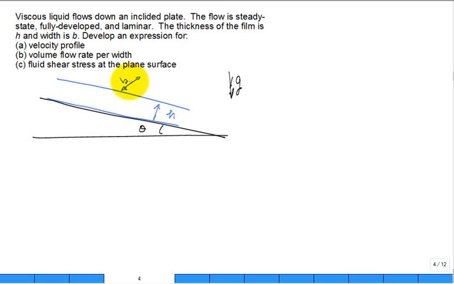What are they asking for part A? Velocity profile. Well, what's the velocity look like? At the plate down here, what is the speed of the fluid from the no-slip boundary condition? Where do you think the maximum speed is going to be located?